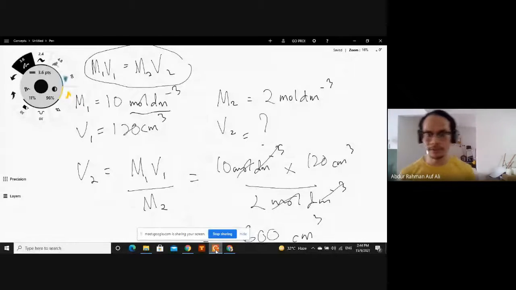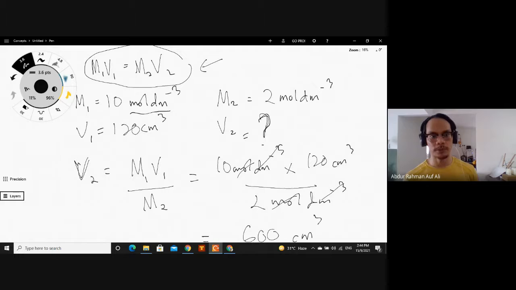Okay, so this is the thing yang saya conteng. Okay. So, the first thing yang saya cakap tadi kena buat, you write down the equation, which is this one lah. And then tulis apa yang dia bagi kepada kita, M1, V1, M2 dan V2. V2 kita tak tahu, dia suruh cari. So, kita susunlah this equation so that we can find V2.